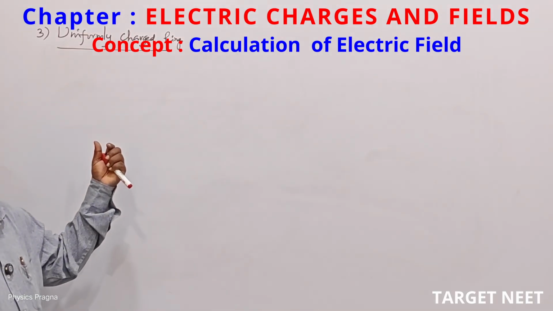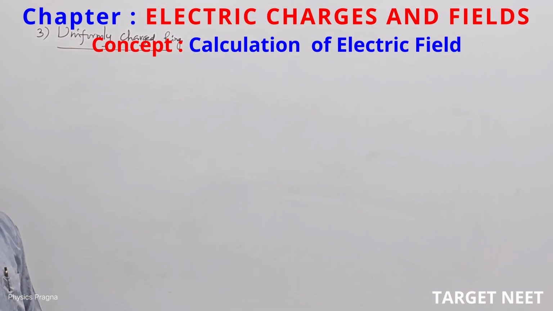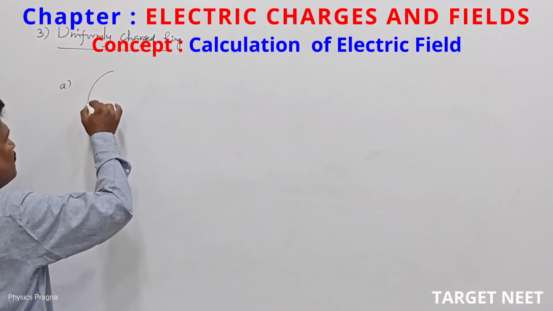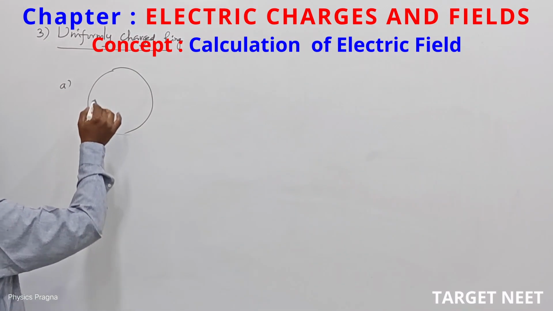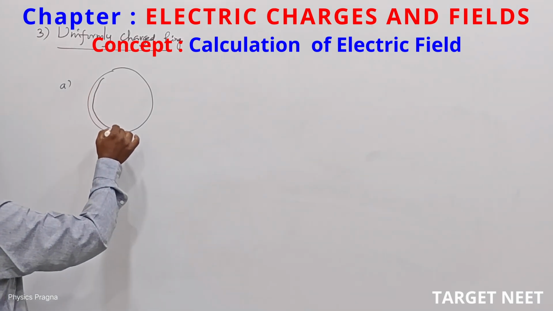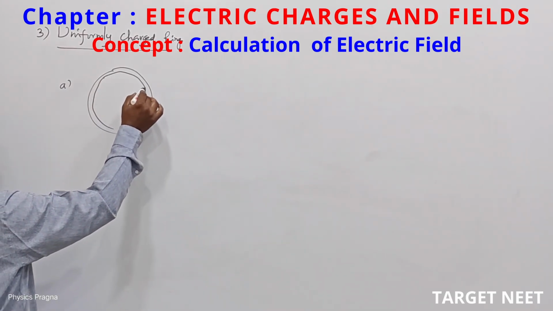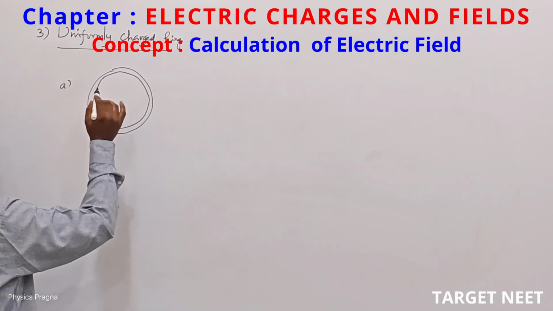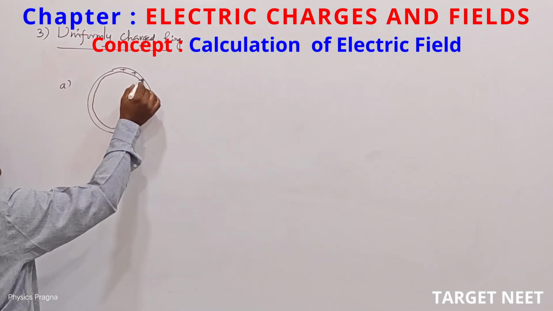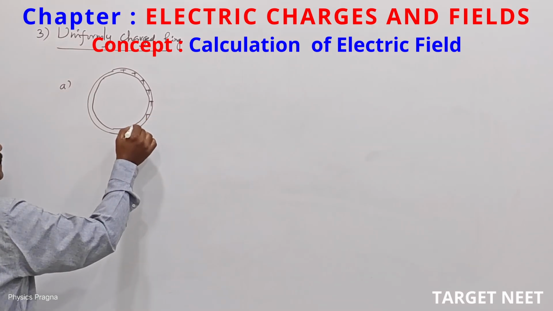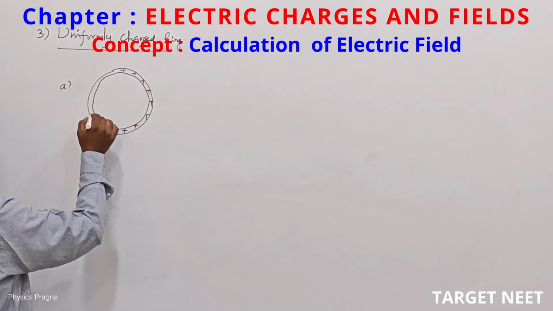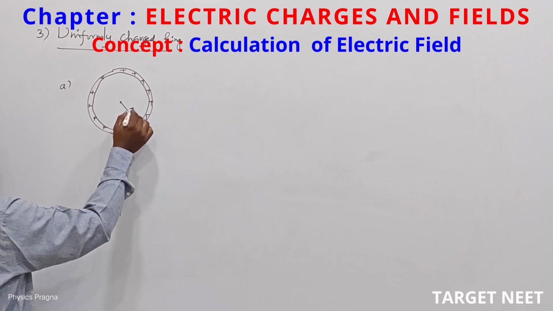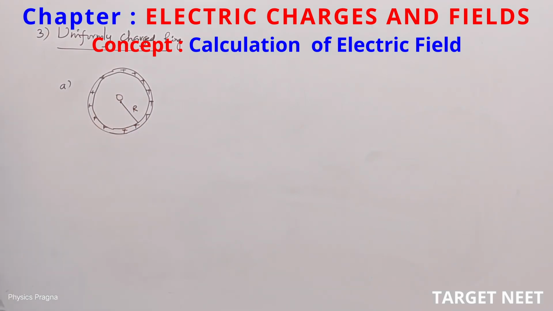Next our discussion is on uniformly charged ring. Let us take first a ring. So this ring is having a thin edge, thickness is very less, and this is positively charged, and ring radius is R, O is the center.